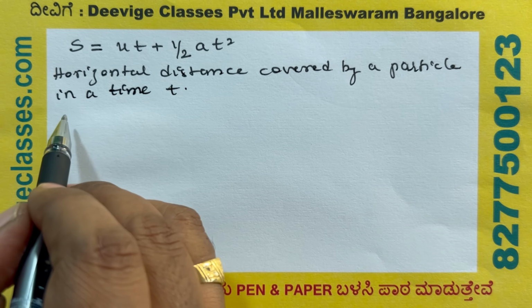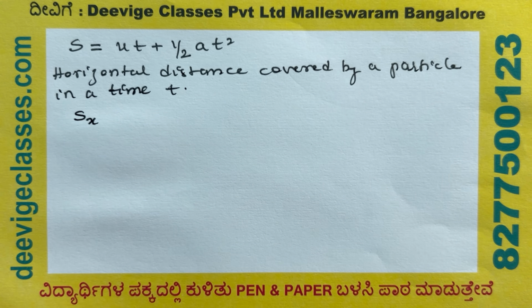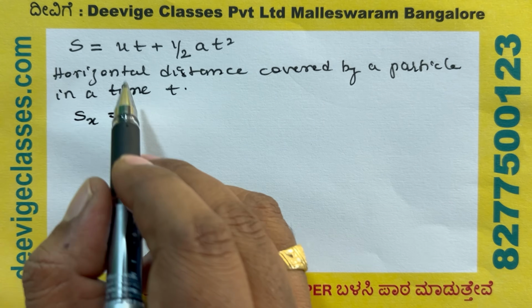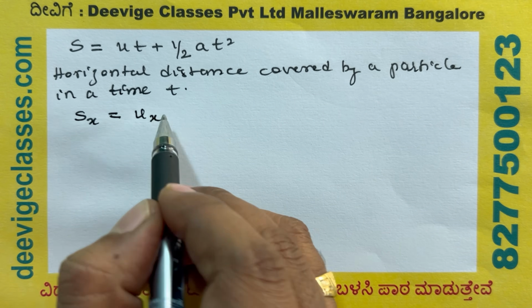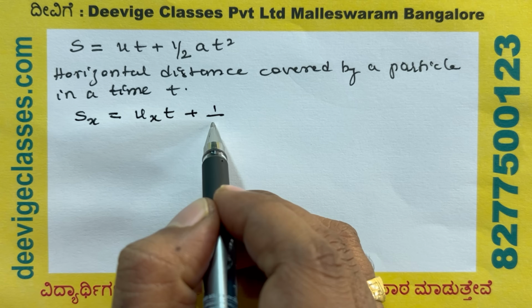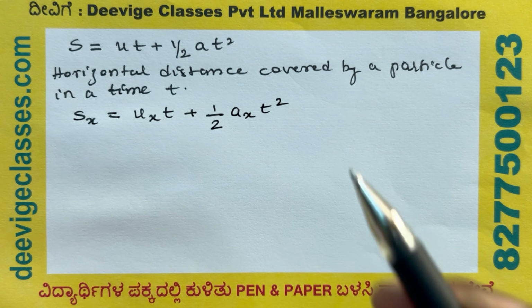Then s can be written as s suffix x, the distance covered by the particle along the horizontal direction, which is equal to u suffix x into t plus half into a suffix x into t square.